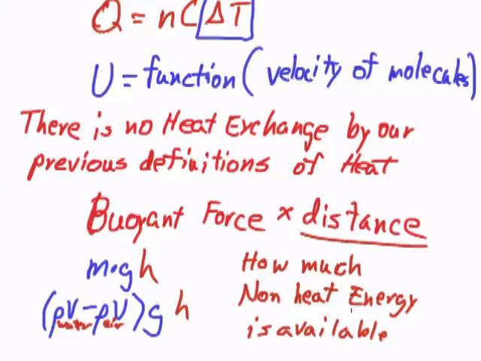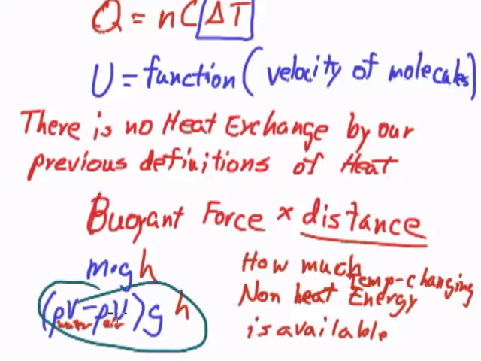And let me be more specific. When I say non-heat energy, I mean non-temperature-changing energy. Now the question I ask is, will this show up in the first law of thermodynamics?